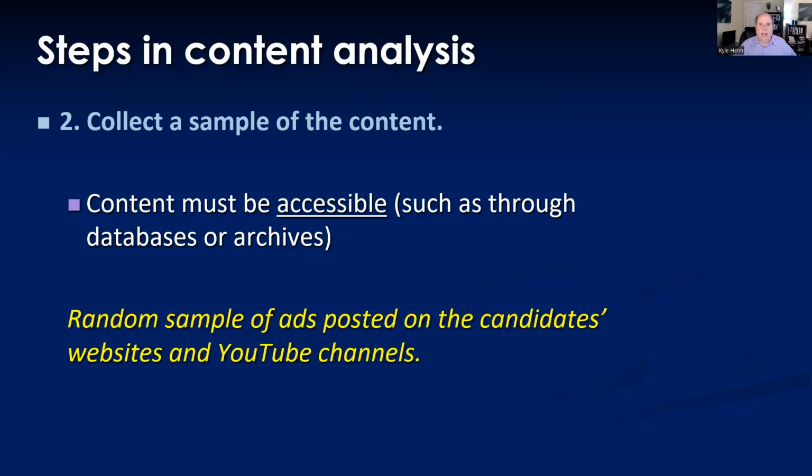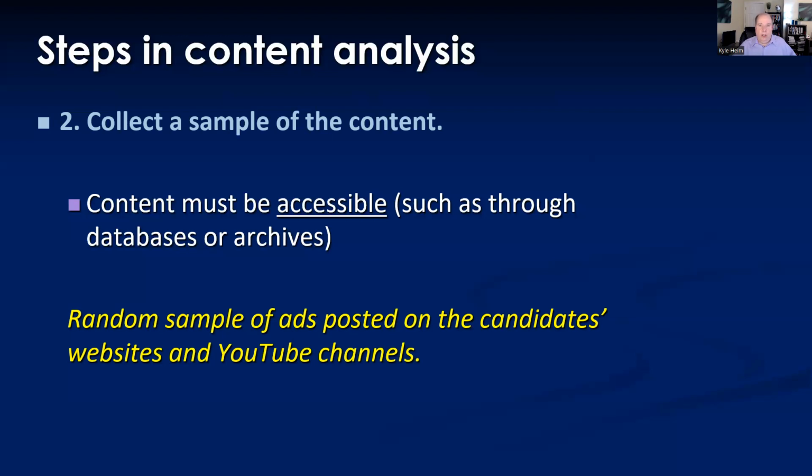So in the case of our hypothetical, the good news is that these days political candidates generally post all of their ads, or most of them anyway, to their YouTube channels as well as to their websites. So perhaps I would study a random sample of Trump and Biden ads that were posted on their sites and their YouTube channels.